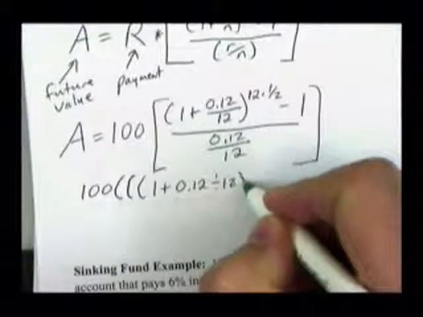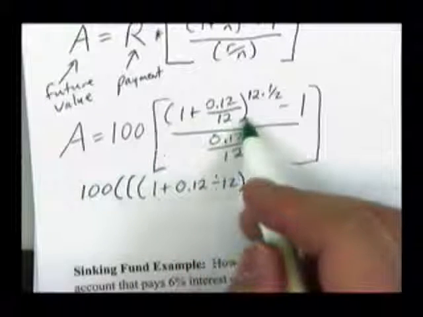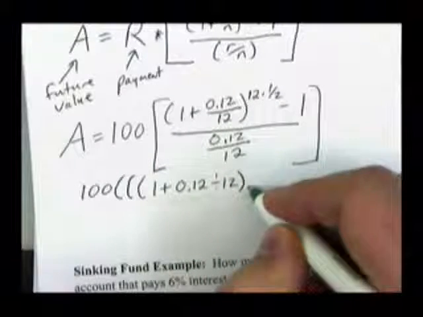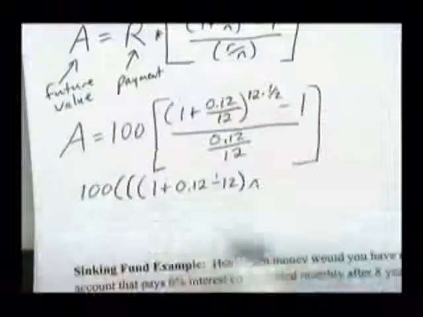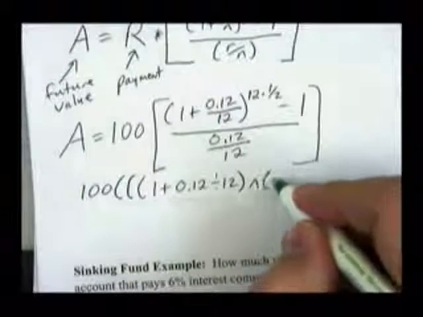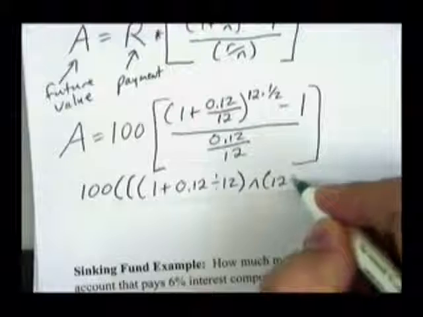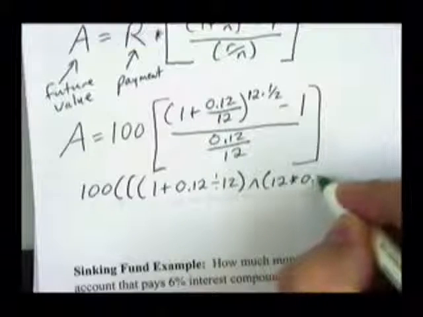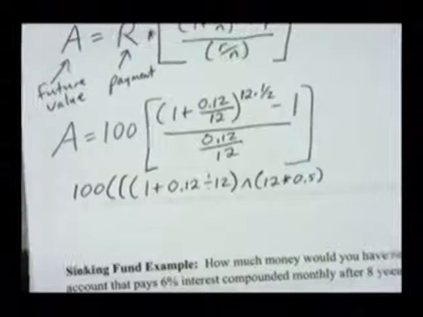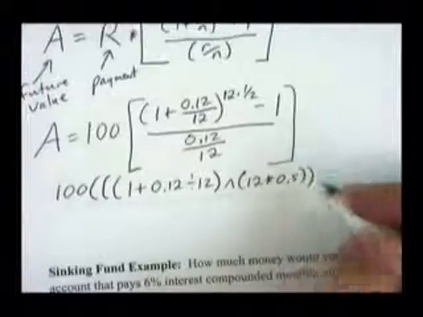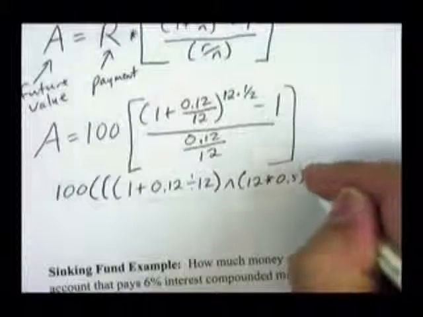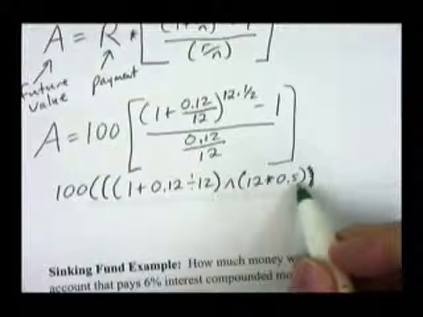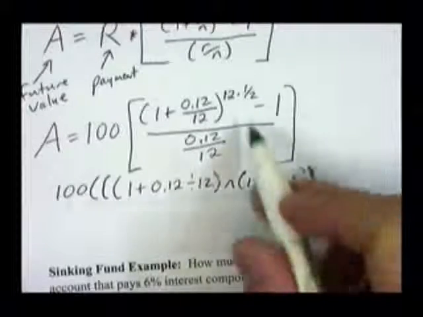And then I'm going to close that set of parentheses. Alrighty? Raised to the, I need parentheses around this exponent just like we've talked about previously. So I'm going to have 12 times 0.5, and I'm going to close that set of parentheses. Oh, I did that already. Okay, sorry about that. So I closed that set of parentheses for the exponent.